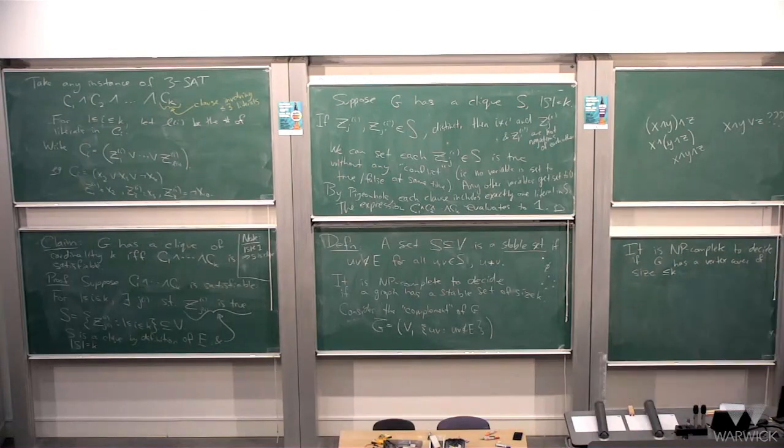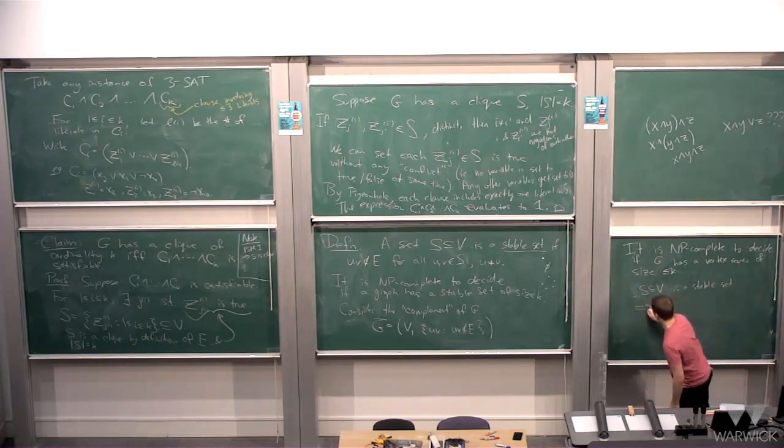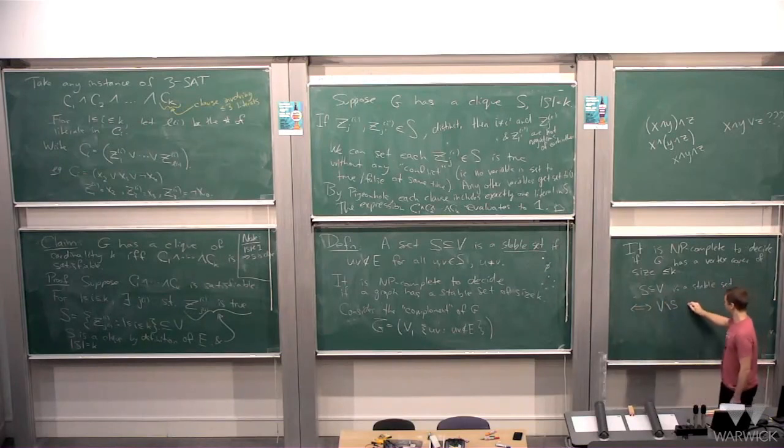Why is that? Well, a subset S of the vertex set is a stable set if and only if V minus S, the complement of S in V, is a vertex cover.